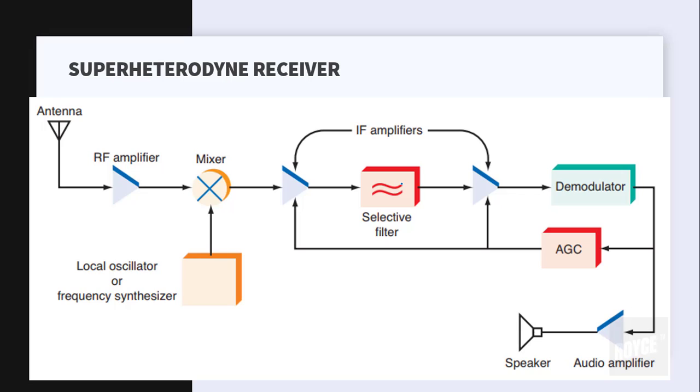Now here, you can see here the simple block diagram of the super heterodyne receiver. Madali lang din ito, mukha lang siyang complicated. So, the first stage would be the antenna. And then after that would be the RF stage.